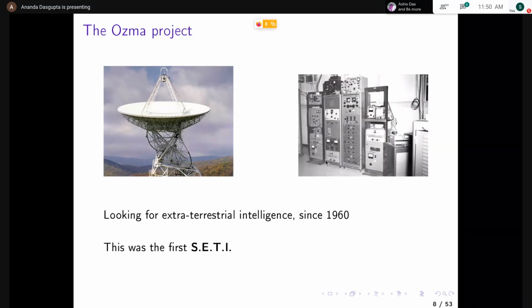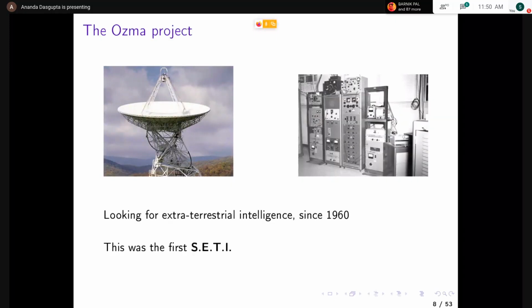But despite that, Drake tried very hard, and for 3 months, we made July, 4 months in 1960, he trained this 25-meter dish to 2 particular stars in the neighborhood, Epsilon Eridani and Tau Ceti, and tried to look for signals. He did not succeed. In fact, the Ozma project did not succeed then.